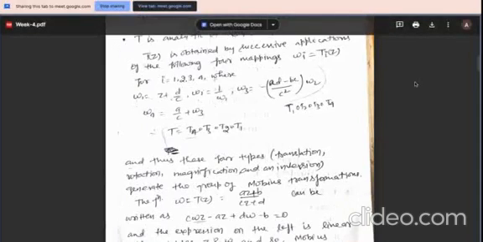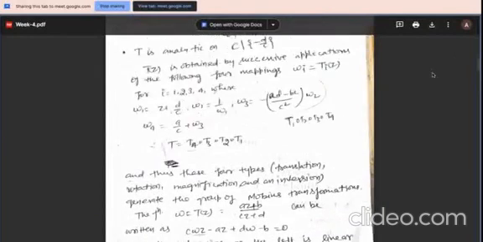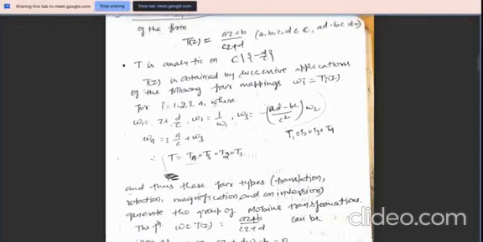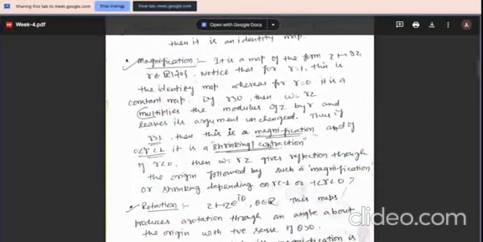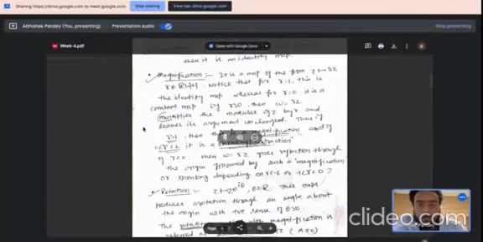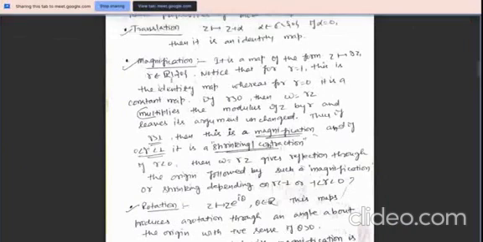This first one is basically a translation, then w2 equals 1 upon w, which is the inversion, then again a translation, and w3 will depend upon whether it is a magnification or stretching, or a rotation.